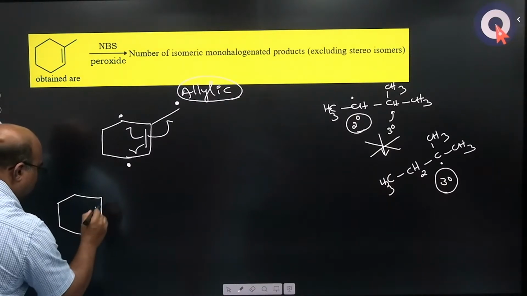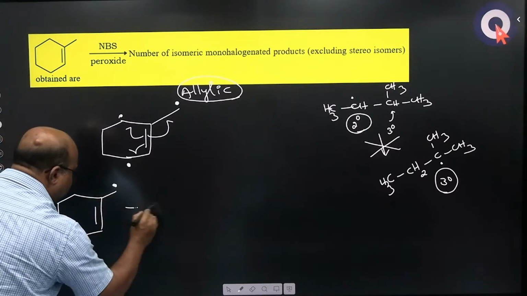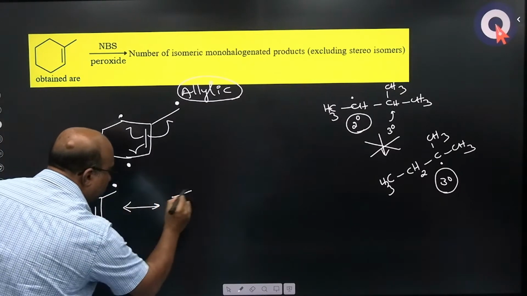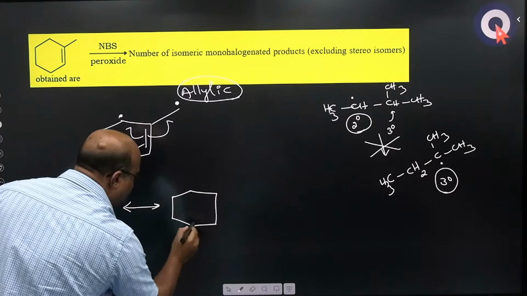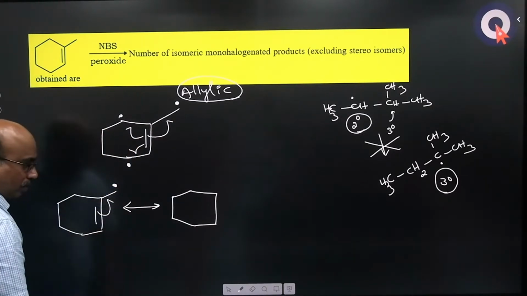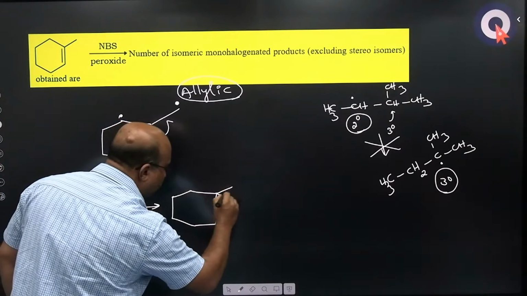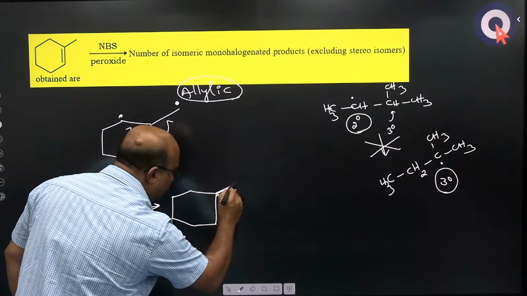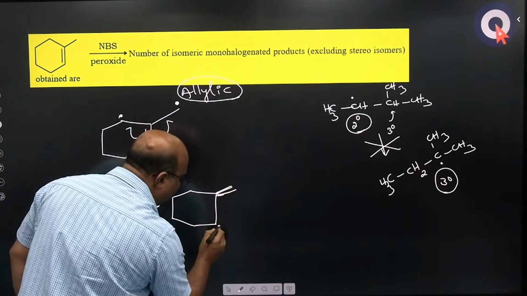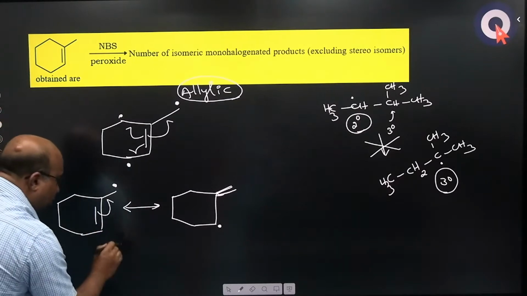individually. The double bond is here, and the radical is here. What is its resonance structure now? We will see this pi bond shifted like this, towards this. Then you will see the radical formed here, so the double bond exists outside. Then this carbon will have a radical, and this converts into Br.